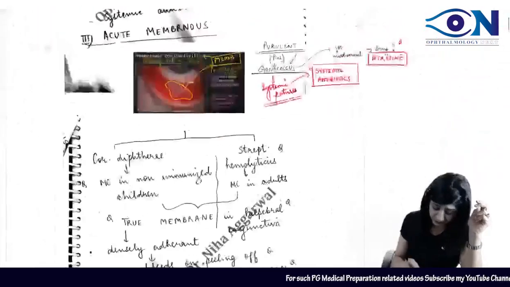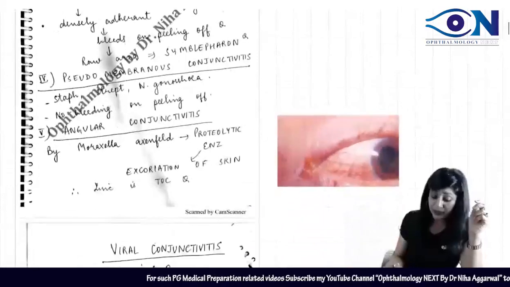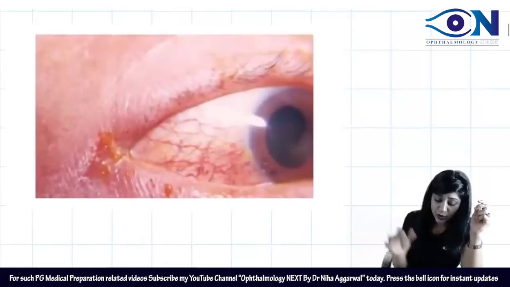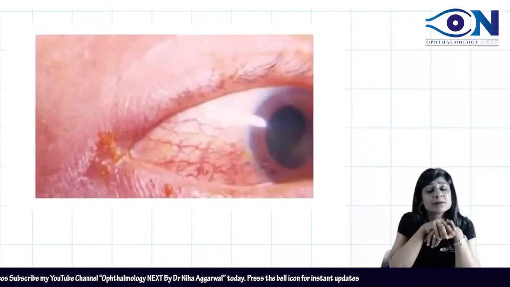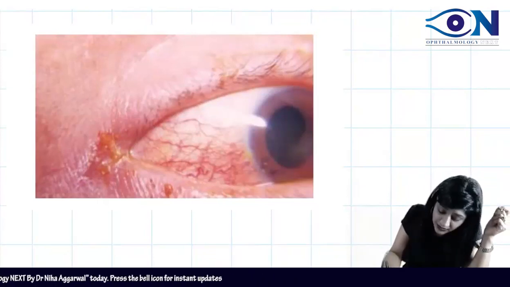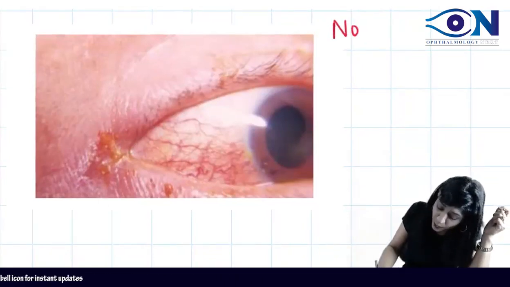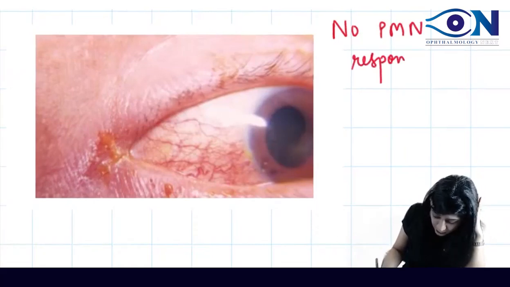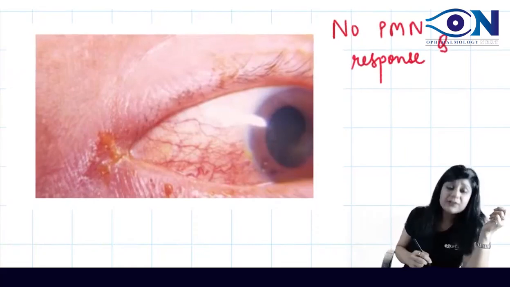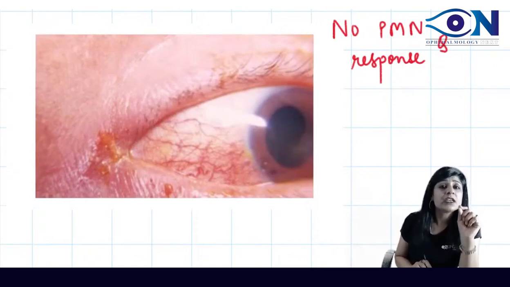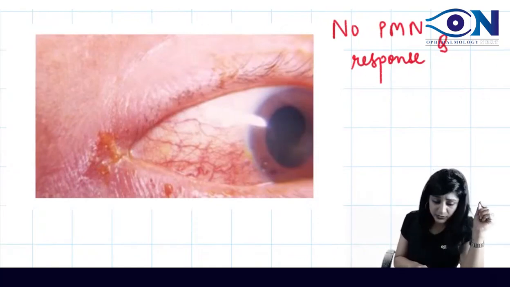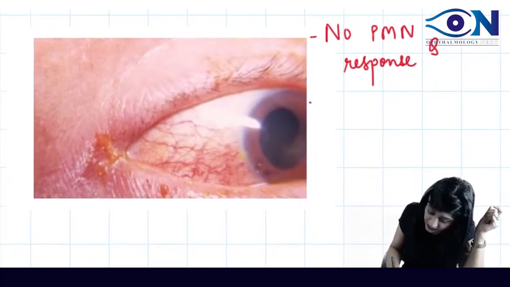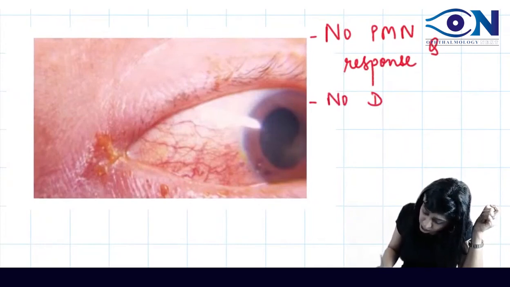Okay? Now, another important thing, a very, very unique kind of conjunctivitis which is found in bacteria, where we have no polymorphonuclear response. Another important question, which is the bacteria which is not causing polymorphonuclear response, and therefore there is no discharge.